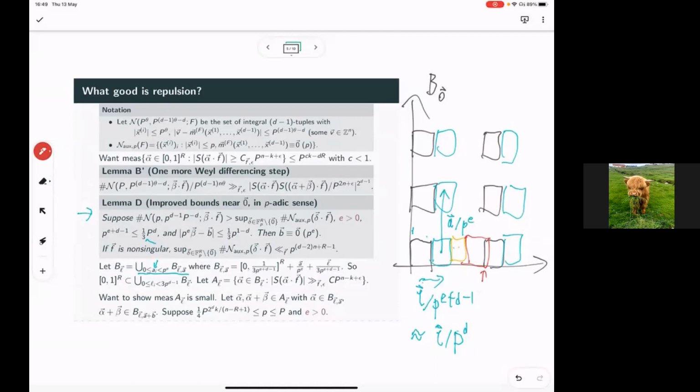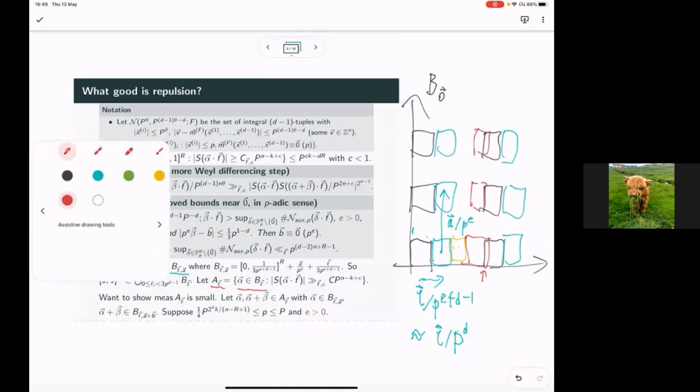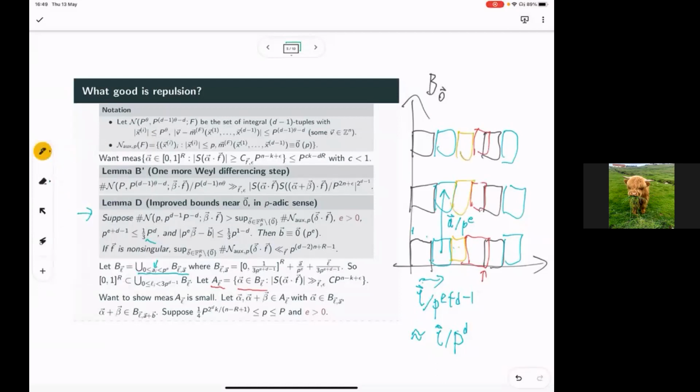And then we have this set capital A subscript L, and that's the points in one particular colorful neighborhood such that the exponential sum is large.